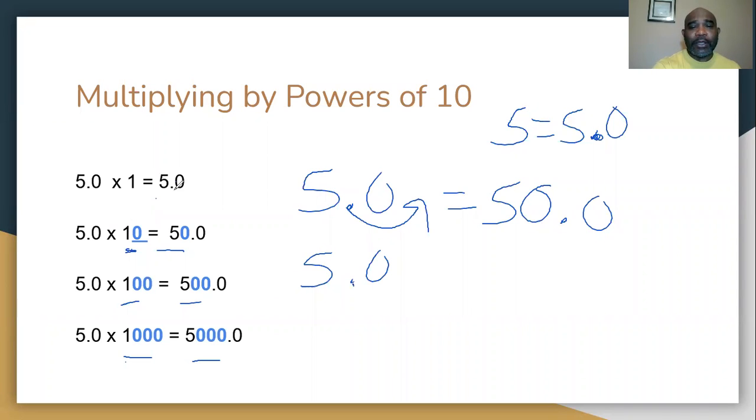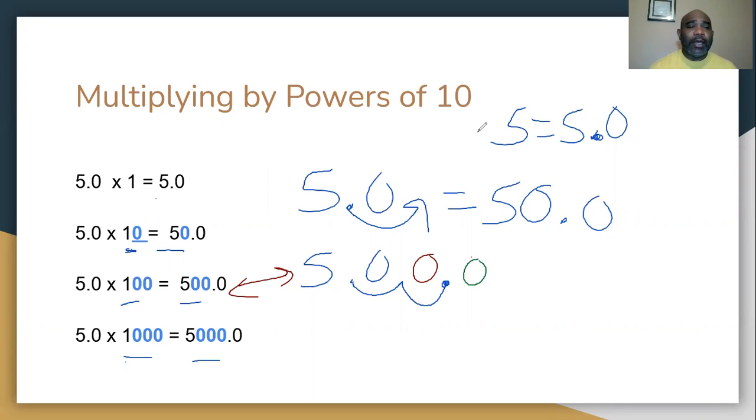Move that decimal 1, 2 spaces, and then we stick in another 0 for that empty decimal place. So that's why we get 500 right here. 500 is the same as 500.0, all right?